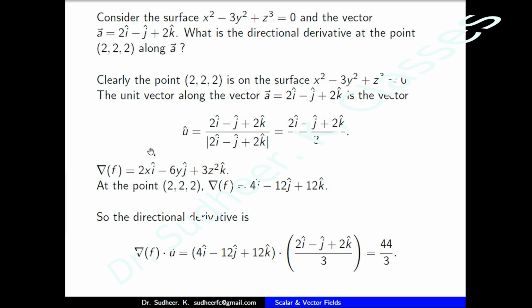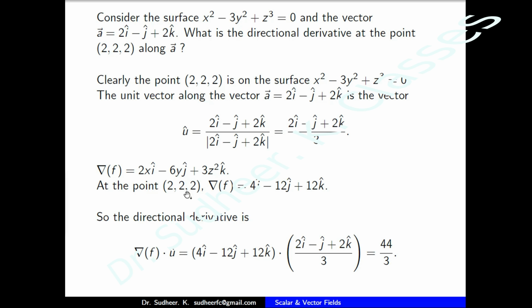Del f equal to the partial derivative with respect to x will become 2x. Partial derivative with respect to y will become minus 6y. Partial derivative with respect to z will become 3z square. So del f equal to 2xi minus 6yj plus 3z square k.